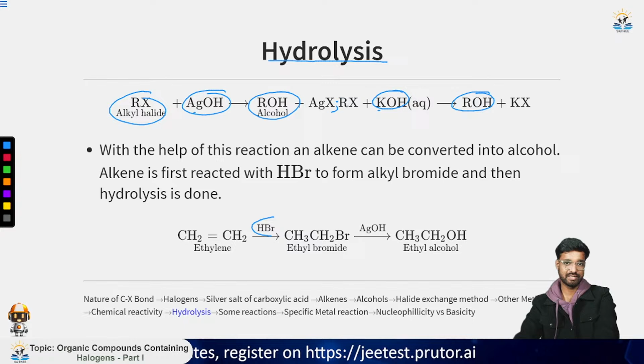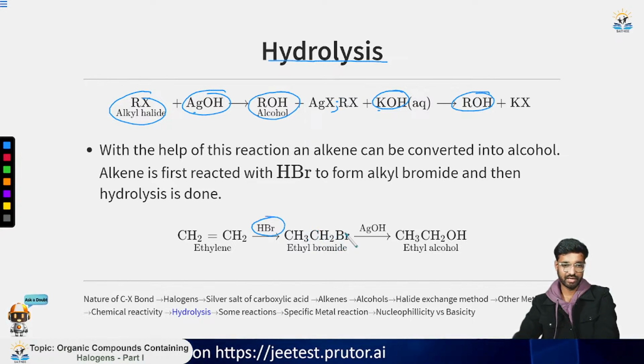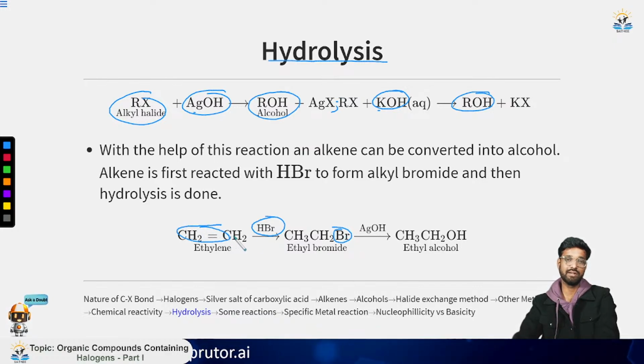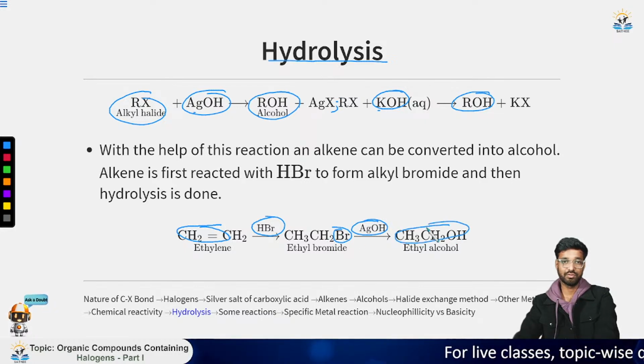Since we are using no peroxide, it will add on this side. Since this is ethene, both carbons are equivalent in terms of stability of the carbocation, so it can add on any side. Now we take AgOH, and it will simply form this product, which is ethyl alcohol.